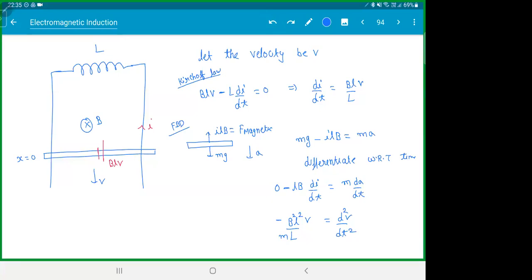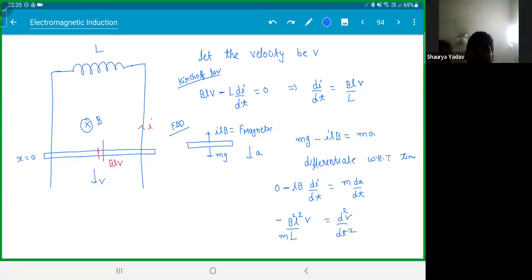That V won't come out of the integral. Okay, yeah. Clear? Turning the page.